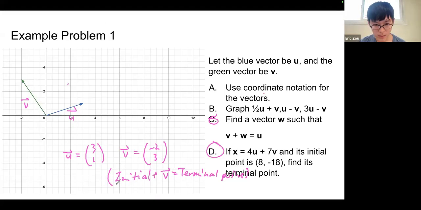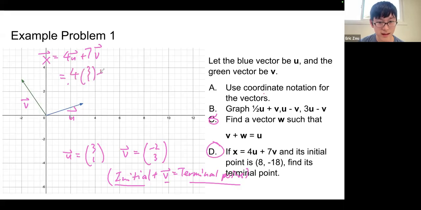So I said the initial point plus the vector is like the terminal point. So the vector x, which is 4u plus 7v. 4u is 4 times 3, 1. And 7v is 7 of -2, 3. And according to the properties we've discussed, this is just 12, 4. And it's -14, 21.